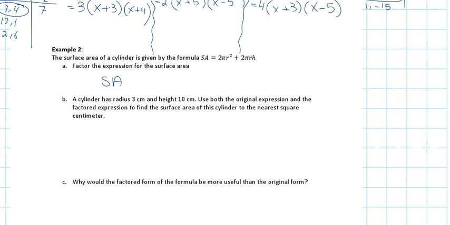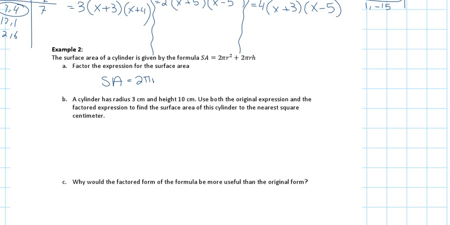Now, if I divide this by 2 pi r, and you divide this by 2 pi r, what do you have left over in the first one? R, because the 2 and the 2 cancel, the pi and the pi cancel, and r squared over r leaves only r. Plus, what would be for my second term?